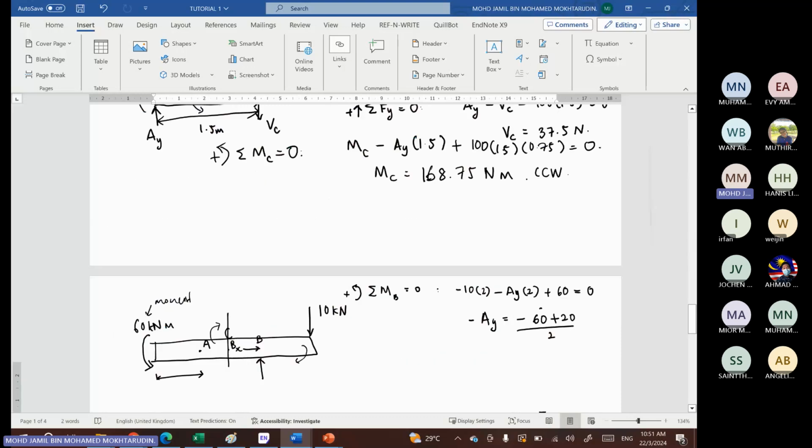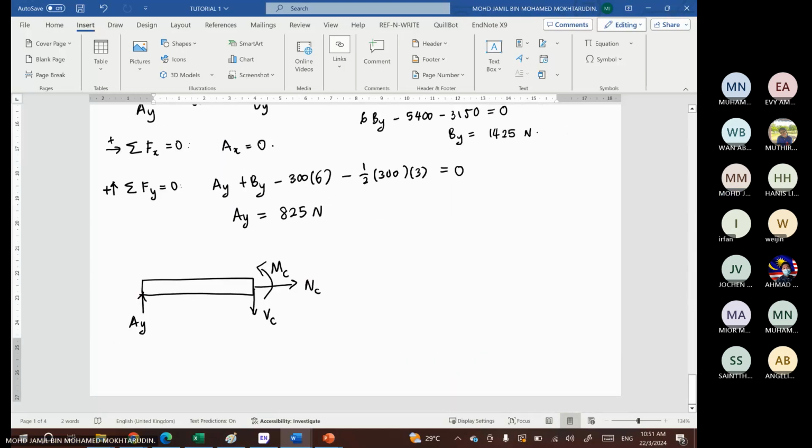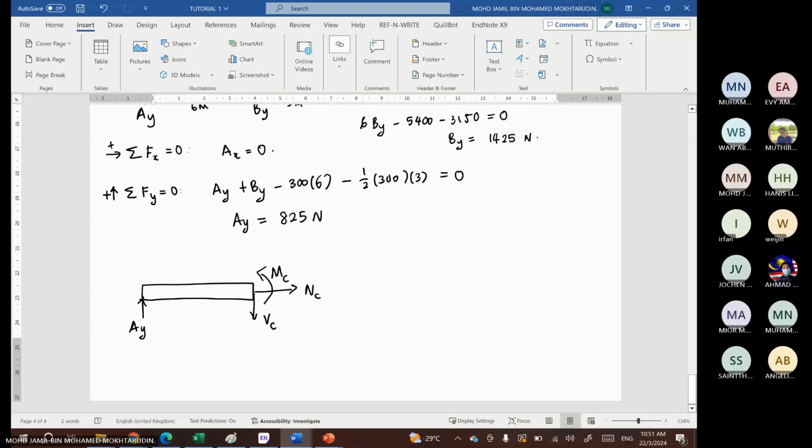So in your free body diagram, you have a resultant force acting in the middle, 300 times 3.